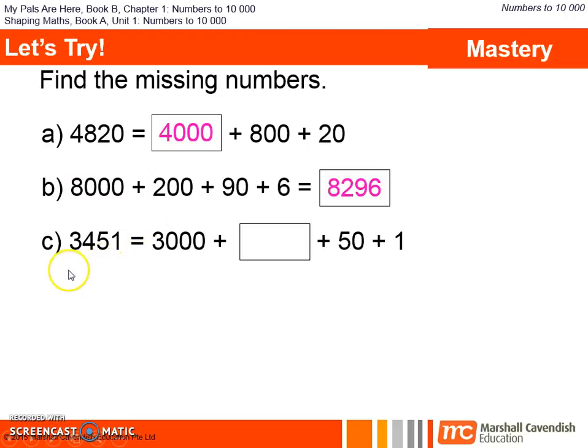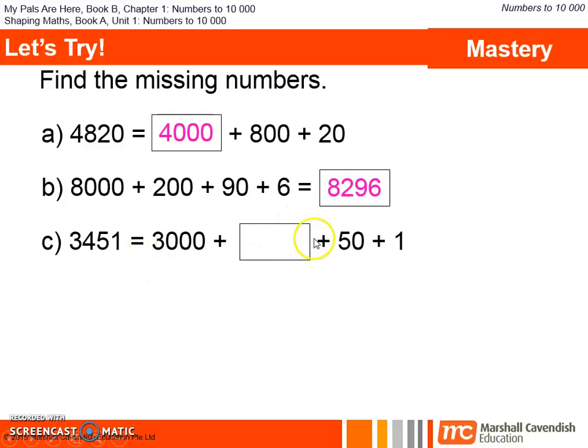Next up, you have 3451, which is equal to 3000 plus a value here, 50 plus 1. We have 1 one here, 5 tens here, and 3000 here.